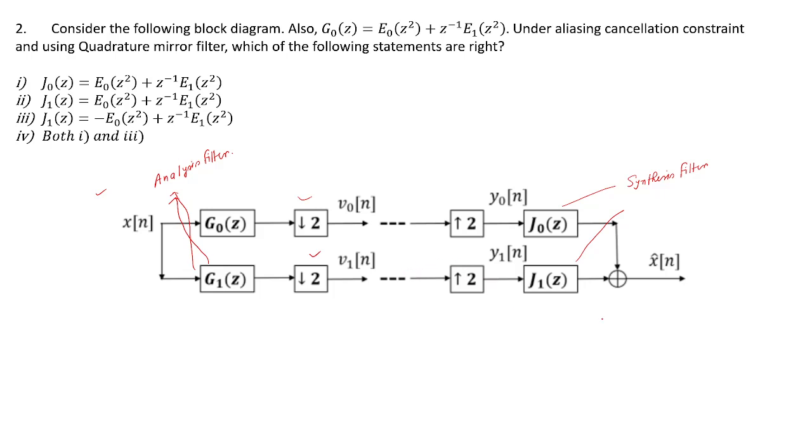So here we get x hat of n, which is an estimate of x[n]. Also in the question we see that G0(z) is equal to E0(z^2) plus z^-1 E1(z^2).